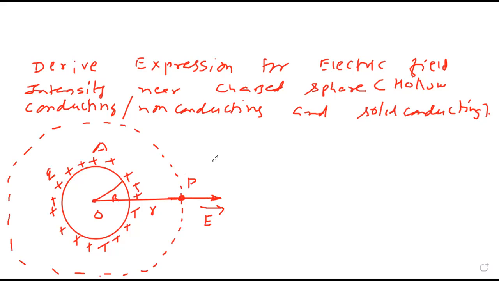Yes, because the charge is positive, it is radially outward, which is normally outward. Let dS bar be the small area surrounding point P. Draw the diagram now.